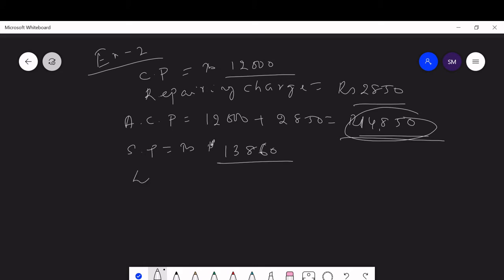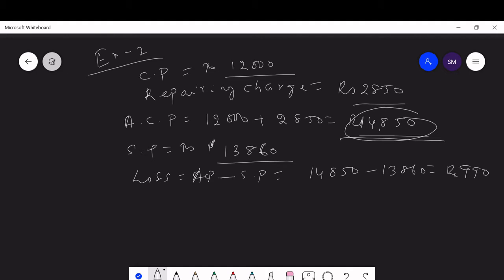The amount of loss is equal to actual cost price minus selling price. Here actual cost price is 14,850 minus 13,860, which is equal to rupees 990. This is the loss amount.